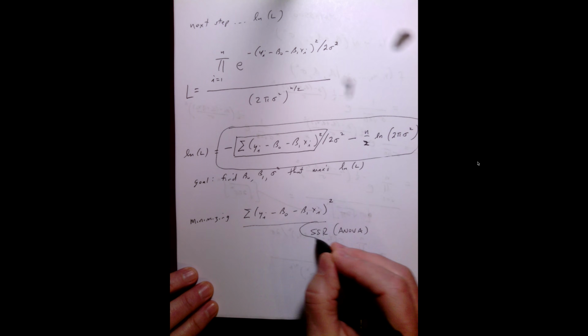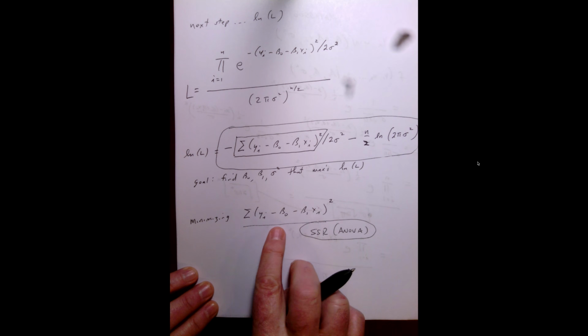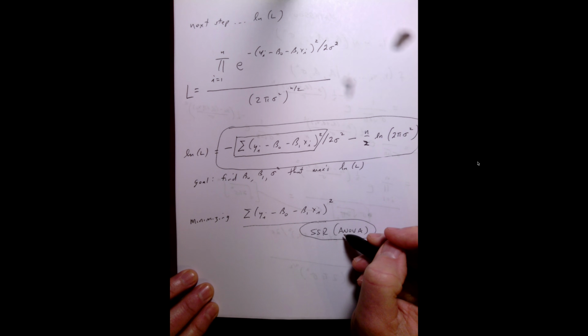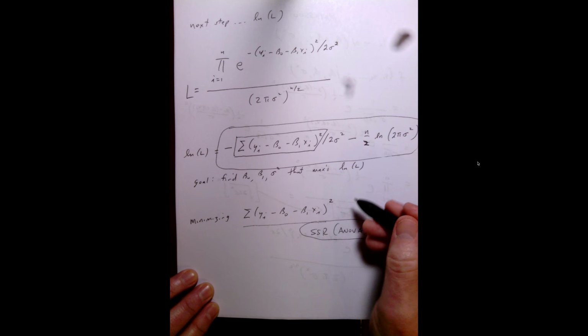So that again is not divided by the sum of squares. But it's kind of cool that minimizing the sum of squares for the residuals, the sum of squares for the error, is actually the same thing as maximizing the natural log of L, which is super cool.